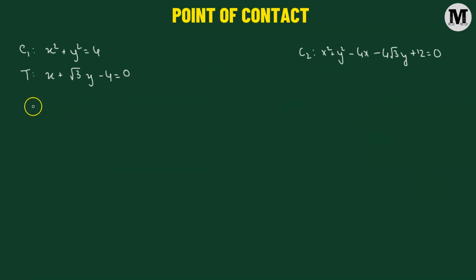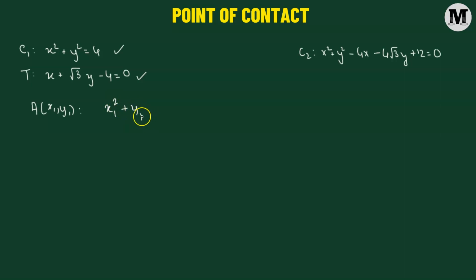Since we are considering the point A having the coordinates x1 comma y1, this particular point is going to satisfy the equation of the circle C1 as well as the tangent line, because the point lies on both the line as well as the circle, which means we can replace the value of x with x1 and y with y1 in the equation of the circle.